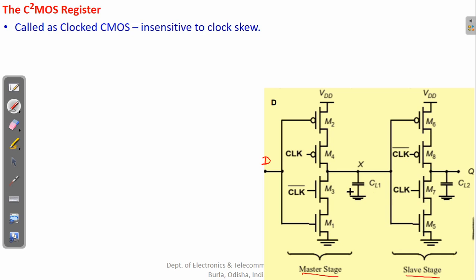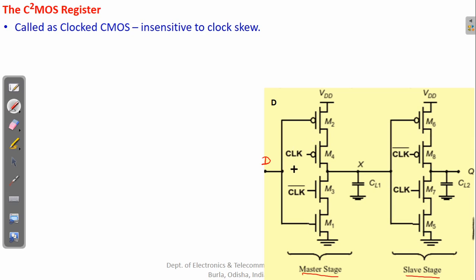Apart from these, there is one more PMOS and NMOS which are there for feeding the input signal in both the master and slave stages. So basically this is an inverter, and this is also an inverter. This type of structure is actually a CMOS inverter.